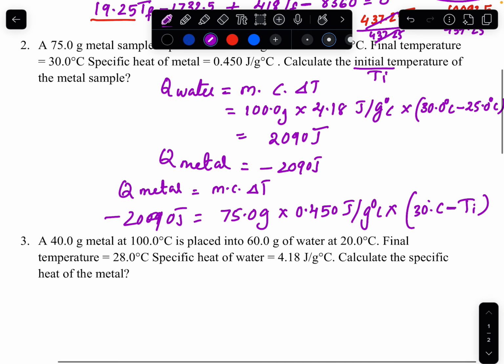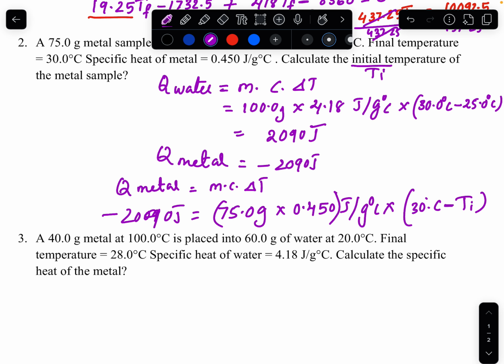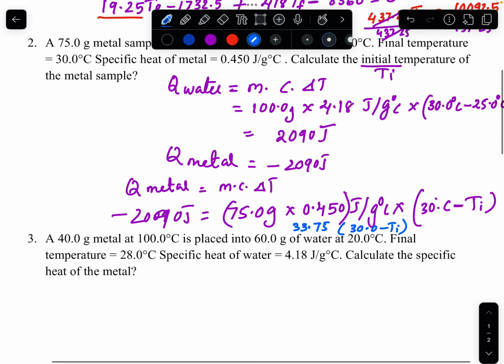So I will multiply these two numbers, then divide. It will be 33.75 times (30.0 minus Ti), is equal to this.